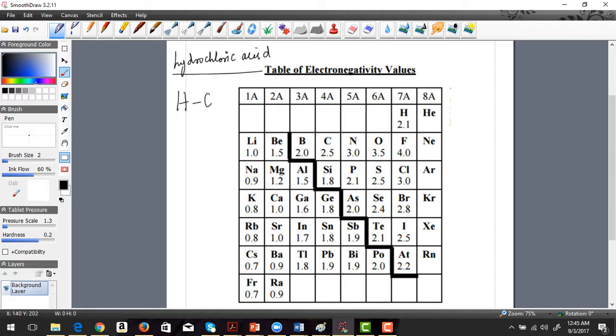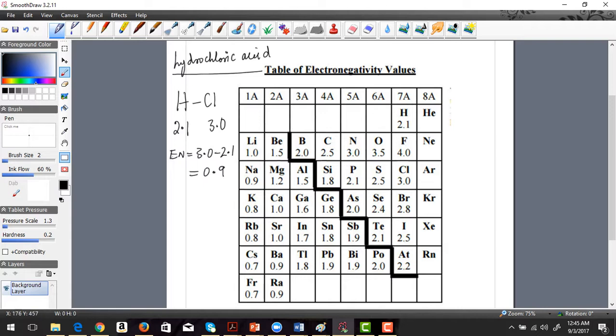Now let's go get the electronegativity value of hydrogen, which is 2.1, and chlorine is 3.0, right? Now for the electronegativity difference, you always subtract the smaller value from the larger value, so it is 0.9.